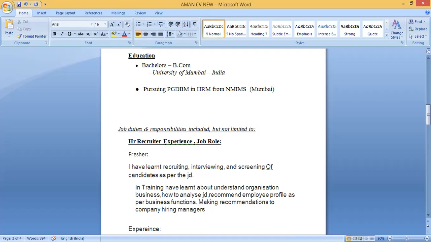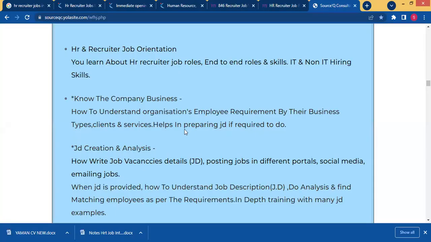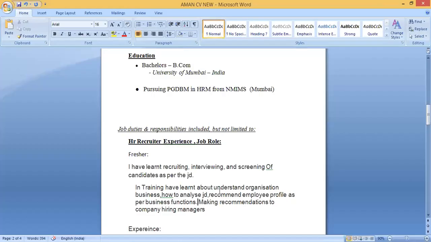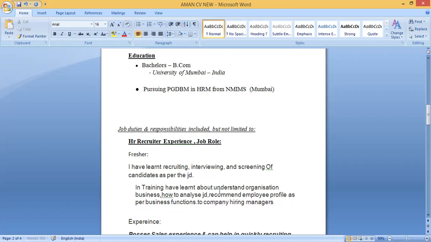And what you can write, one more point. Employee profile as per the business functions. Right? So here you have got the exact meaning as per the point.